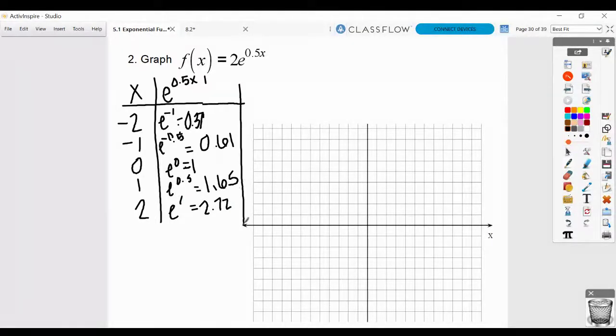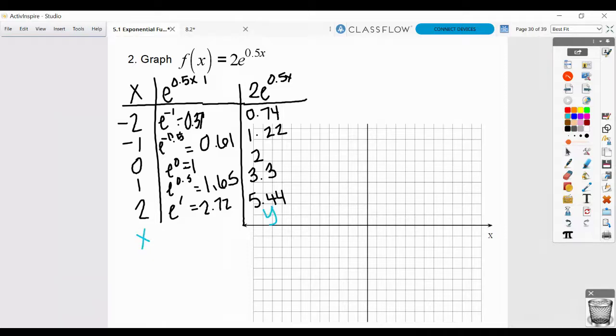So then you're going to want to multiply that by 2. So 0.37 times 2 would be 0.74. 0.61 times 2 is 1.22. 1 times 2 is 2. 1.65 times 2 is 3.3. And then 2.72 times 2 is 5.44.